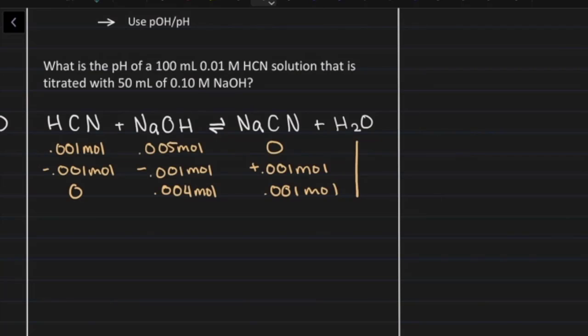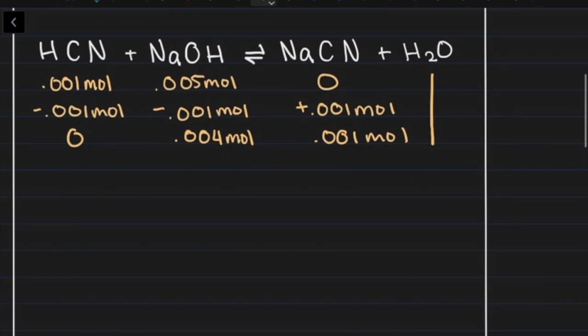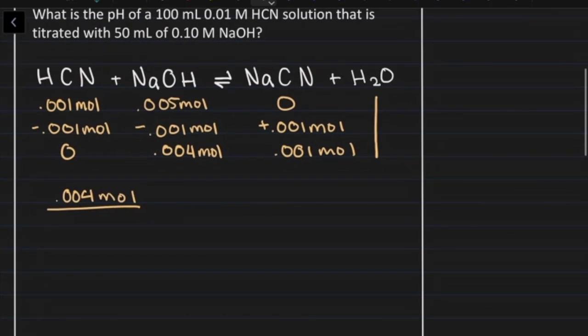So because this NaOH is a strong base, the contribution that the NaOH brings to the pH will be much greater than the contribution of the CN minus. So that means that we only have to account for the NaOH concentration when we're trying to find our pH. So to solve for our pH, we'll first get our concentration of NaOH as 0.004 moles over our total volume.